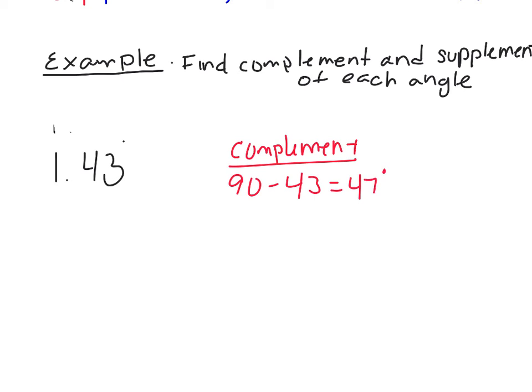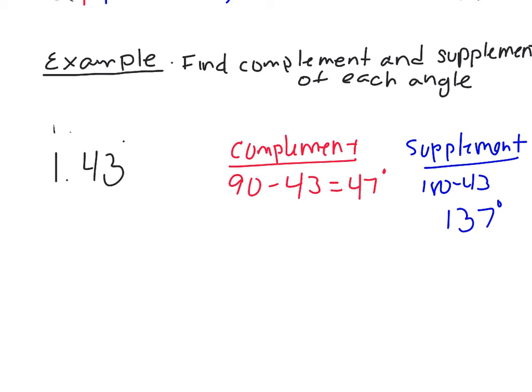That's the complement. The supplement, remember, is two angles that have to add up to 180 degrees. So it's 180 minus 43. 180 minus 43 is 137 degrees. That's the supplement.